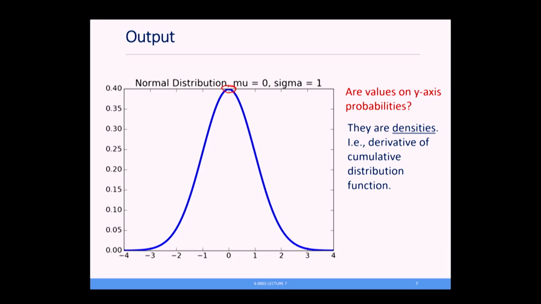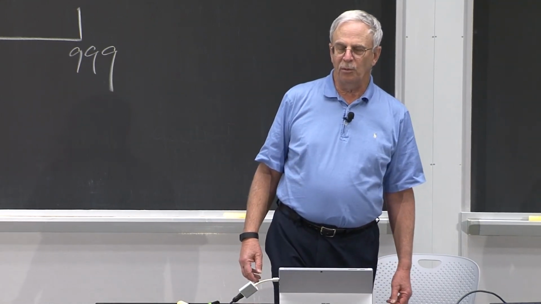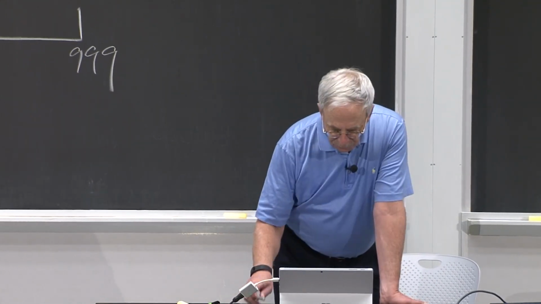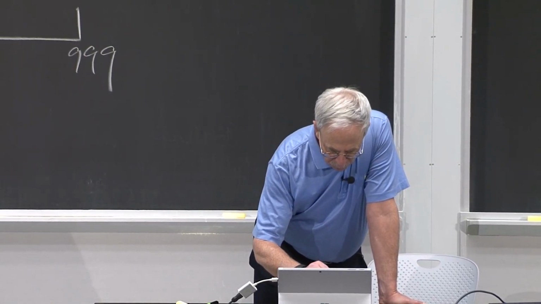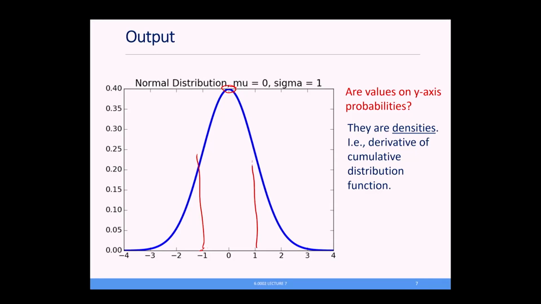Now, why are we talking about derivatives in the first place? Well, remember what we're trying to say. If we want to ask what's the probability of a value falling between here and here, we claim that that was going to be the area under this curve, right?